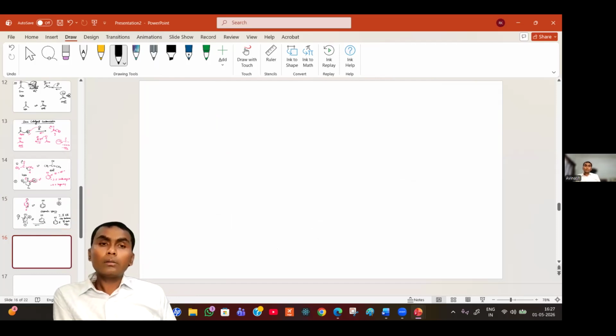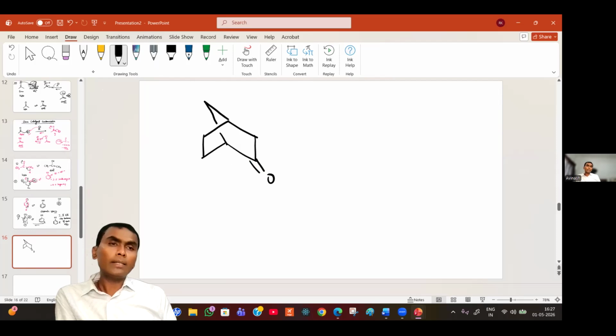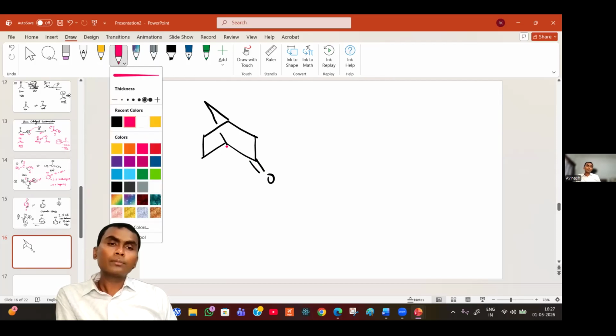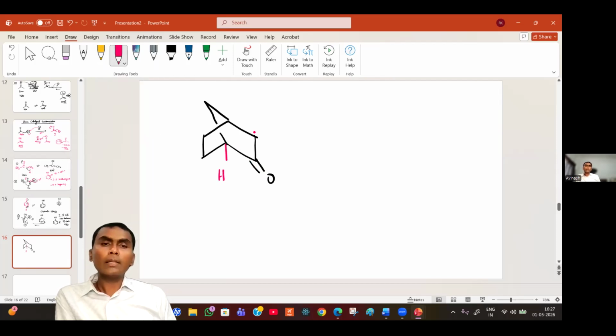Then this one, this line, double bond O, and this hydrogen and this hydrogen.